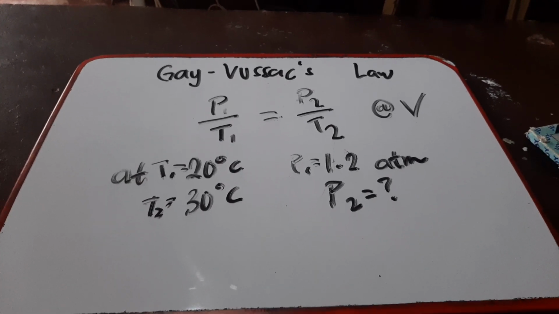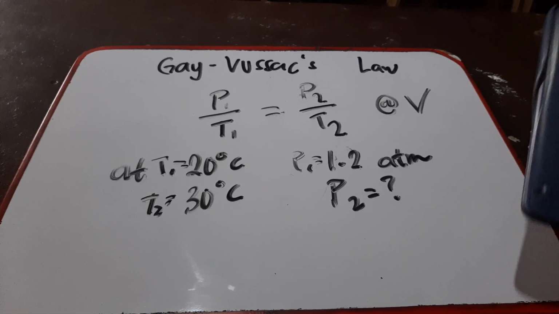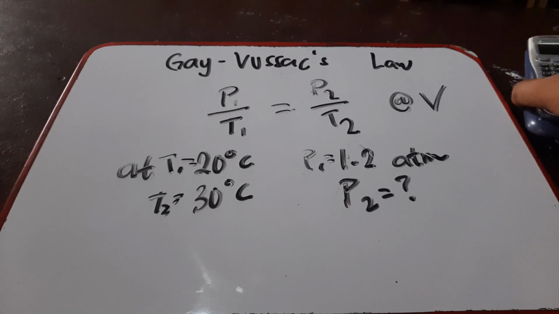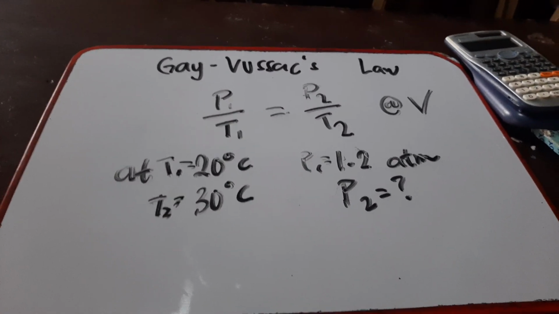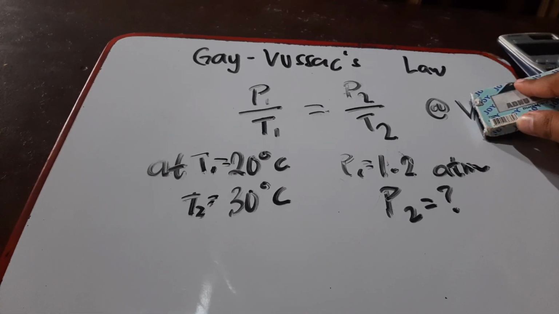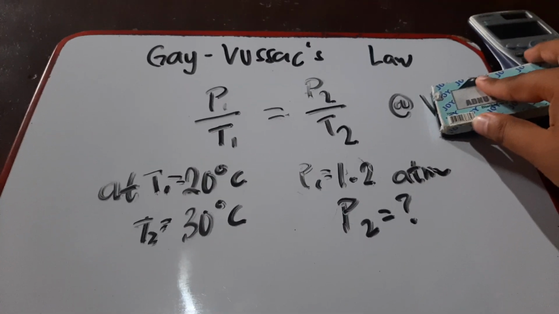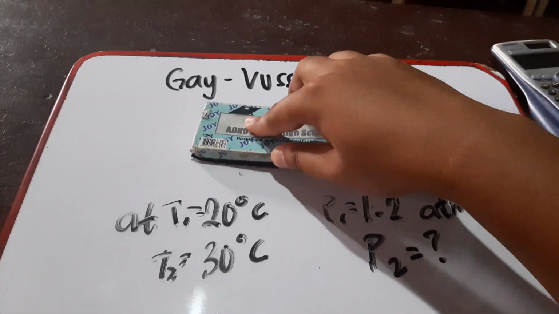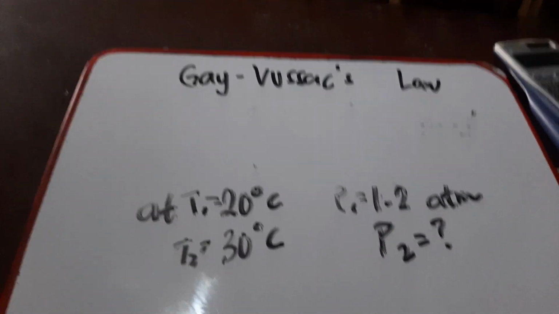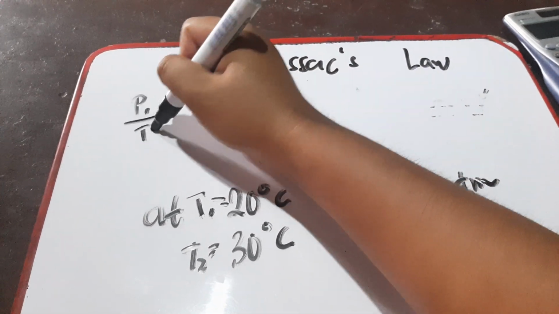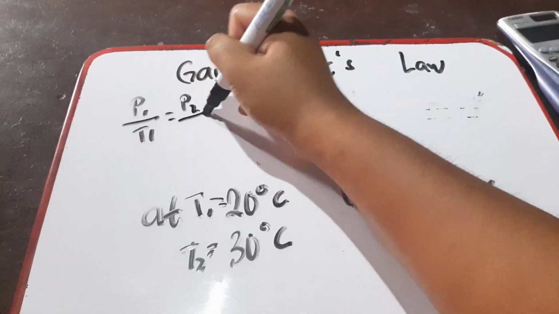Now, since we have the given, we will try to manipulate the equation in order to solve what is needed. So that's P1 over T1 equals to P2 over T2.